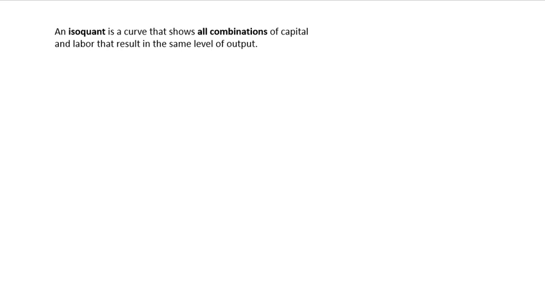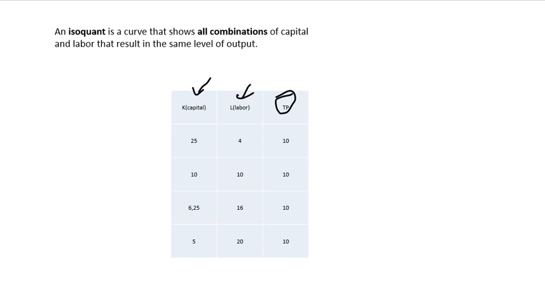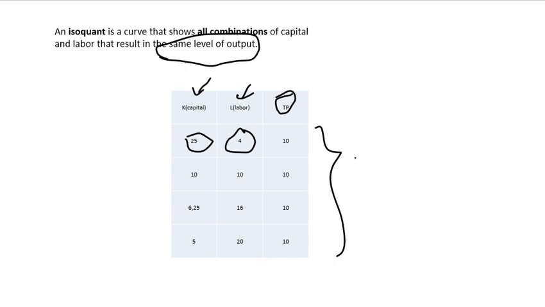We'll see an example. Here we have a table. We have capital, and here we have labor, and we have the same level of output, which is 10 units of output. What does this mean? It means that if the firm chooses to use 25 units of capital and 4 units of labor, the firm is able to produce 10 units of output.